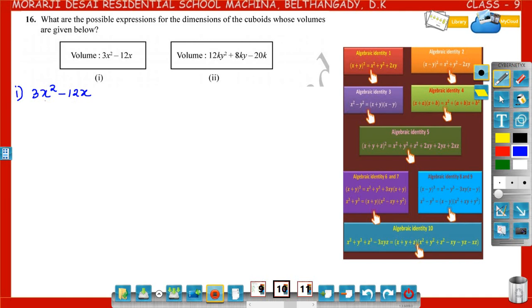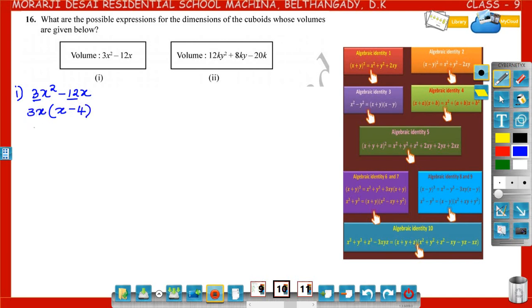If we have only two terms, take the common term outside. 3 and 12 are divisible by 3. In x square and x, the common factor is x. So in 3x square we have removed 3x outside, so remaining is x, and in 12, 3 4s are 12, so x minus 4.